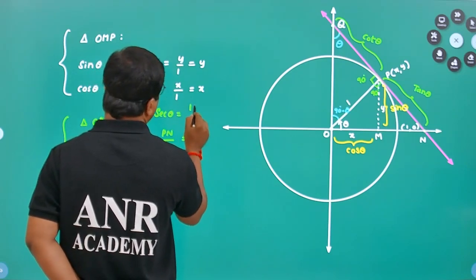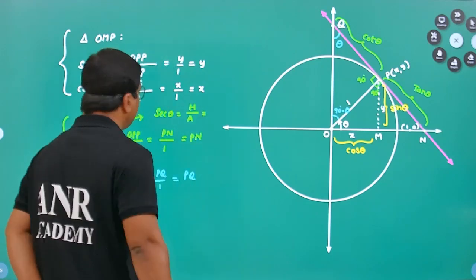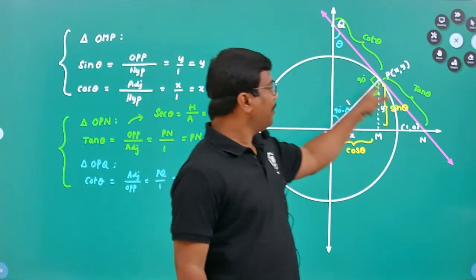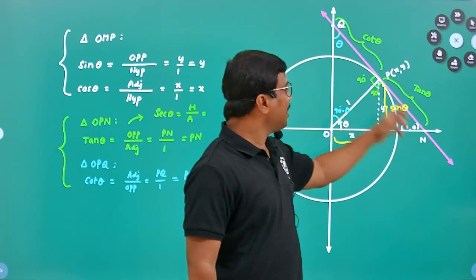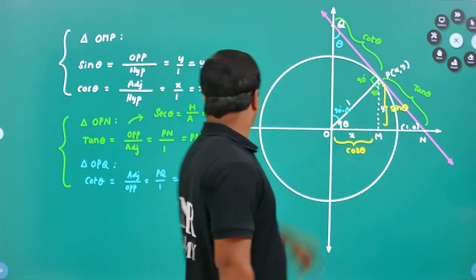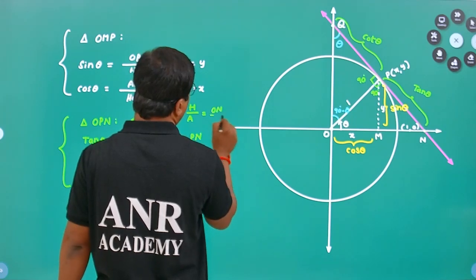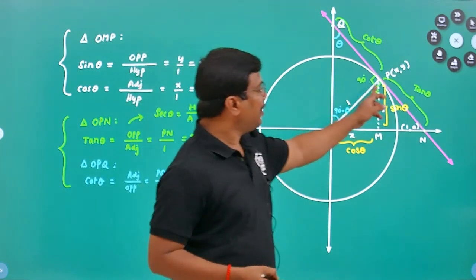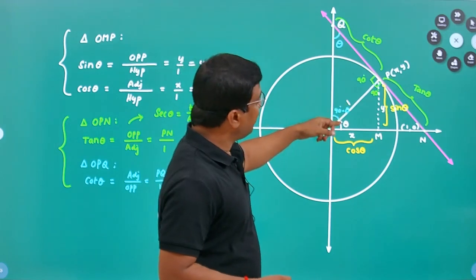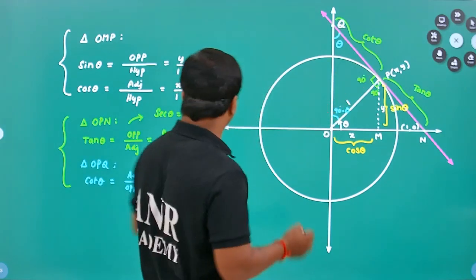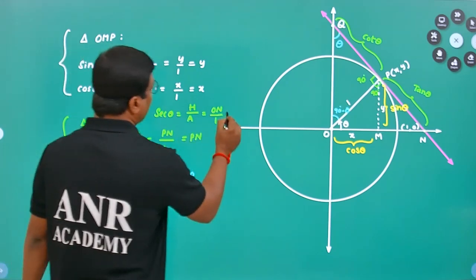Secant theta is nothing but hypotenuse divided by adjacent. And from the triangle OPN, what is the hypotenuse? The hypotenuse is clearly O to N. Next, this one is opposite and this is adjacent to theta. Adjacent to theta, the radius, is 1. So clearly ON is secant theta from this.